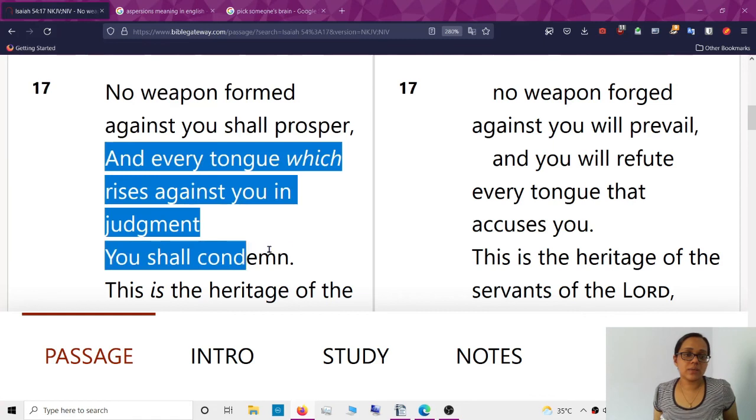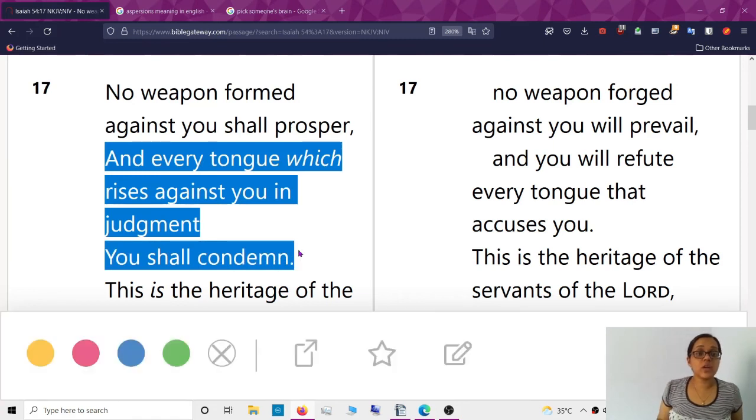And every tongue which rises against you in judgment you shall condemn. So this is the Bible verse which you can repeat and pray so that it will be helpful in your difficult situation. Please keep on praying this Bible verse.